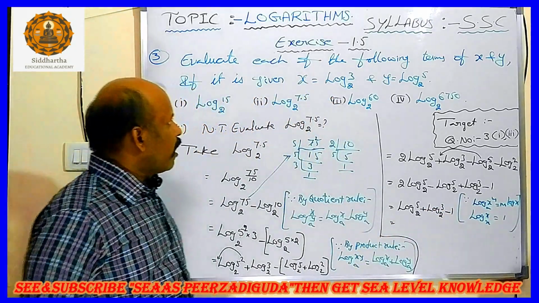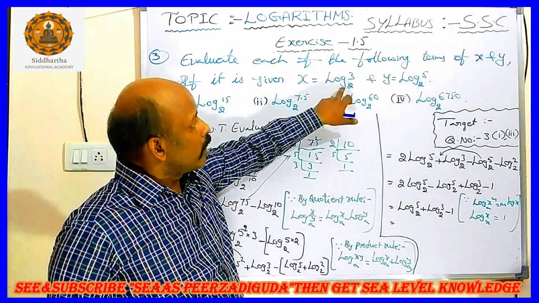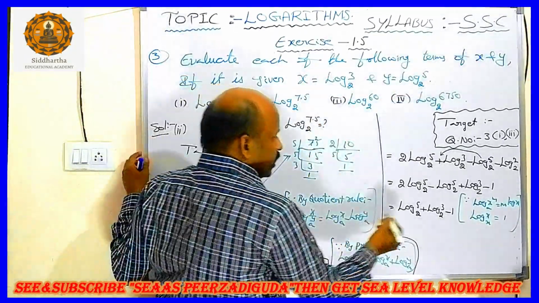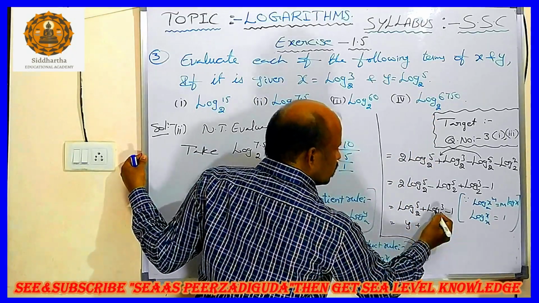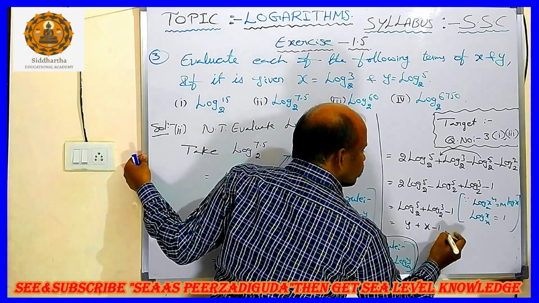Already in the question, x is the value of log 3 base 2, and y is the value of log 5 base 2. Instead of log 5 base 2 I write y, plus, instead of log 3 base 2 I write x, minus 1.